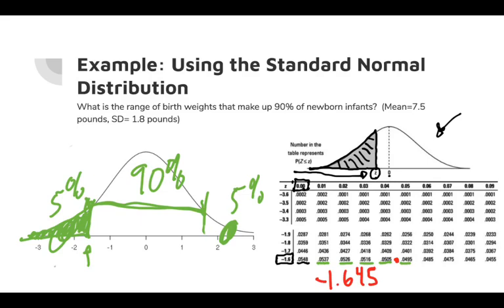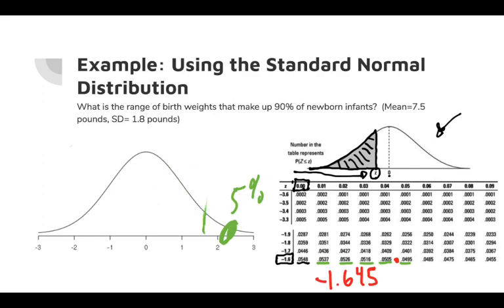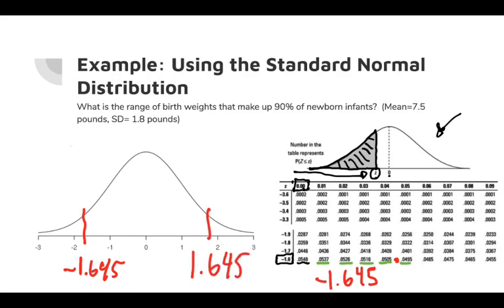So that tells me that if I want to know where 90% of the data is going to be, I need to look at values between negative 1.645 standard deviations and then out here to positive 1.645 standard deviations.